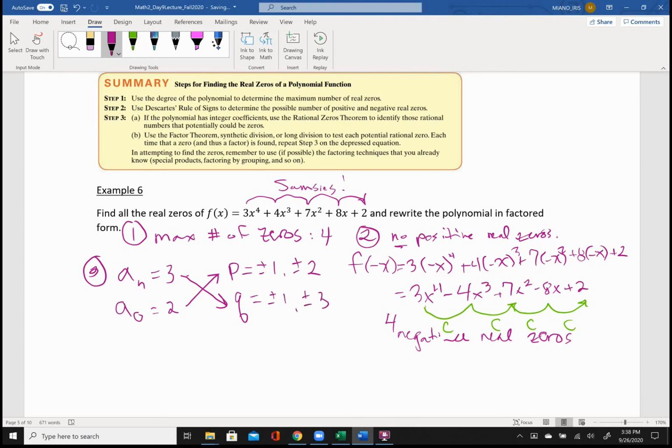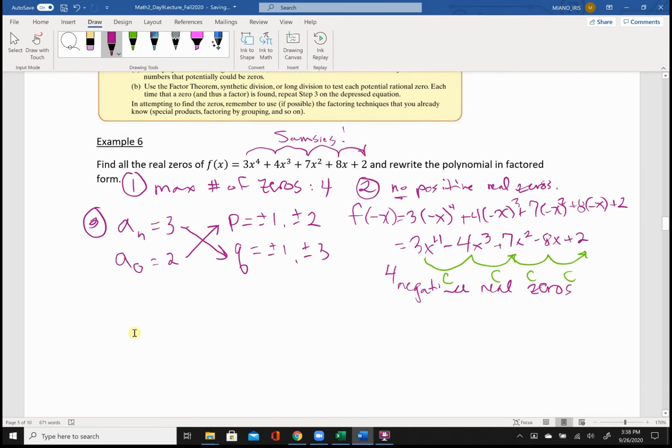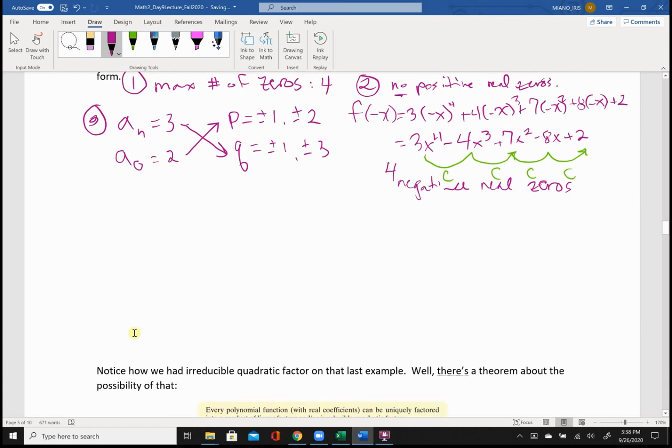And now I need to have plus or minus for the lists of P's and Q's, but then when I come to the ratio, only the negative ratios are going to be in play here. So this P over Q, therefore, the exhaustive list will be, and I'm just going to go straight to it and not do the in-between stuff, negative 1, negative 2, negative 1/3, negative 2/3.